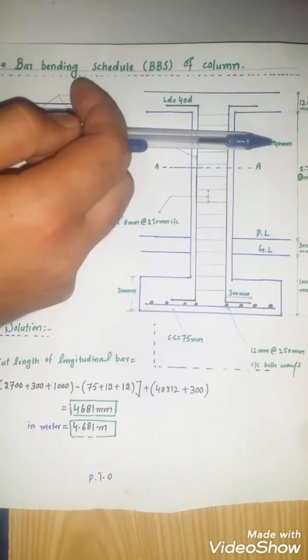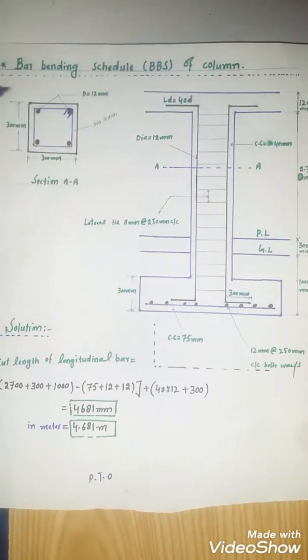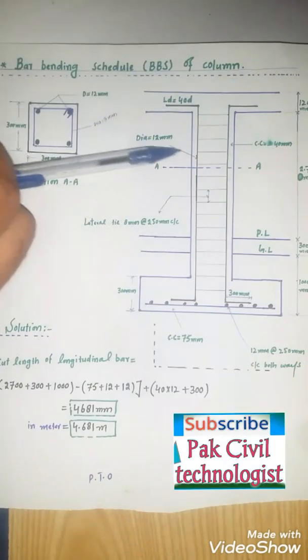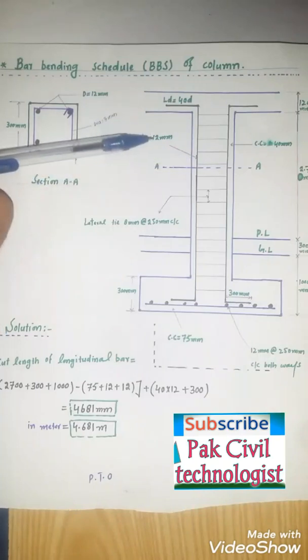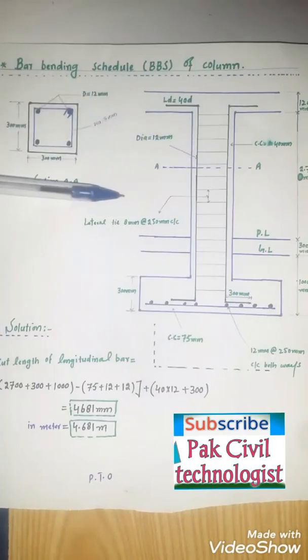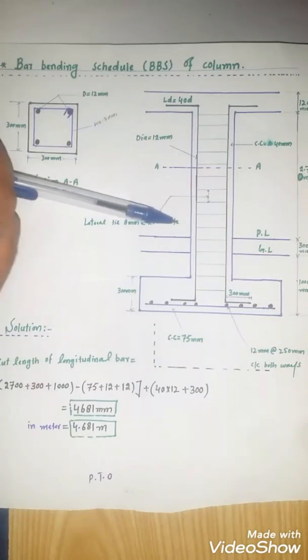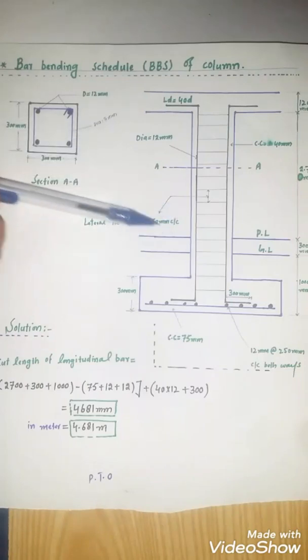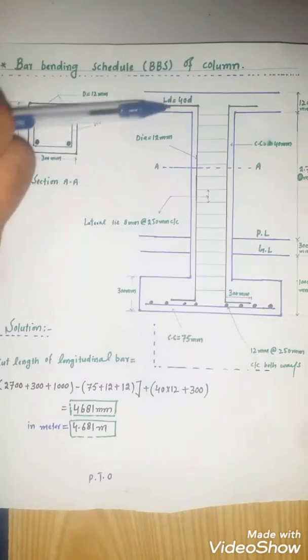Concrete cover is equal to 40 millimeter and the diameter of this longitudinal bar is 12 millimeter. Lateral tie 8 millimeter at the rate of 250 millimeter center to center. This spacing is 250 millimeter and the bar diameter is 8 millimeter.